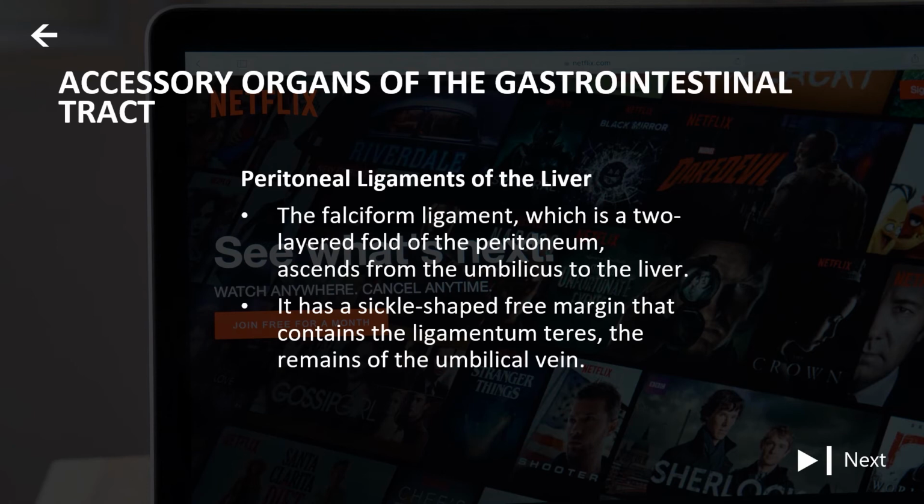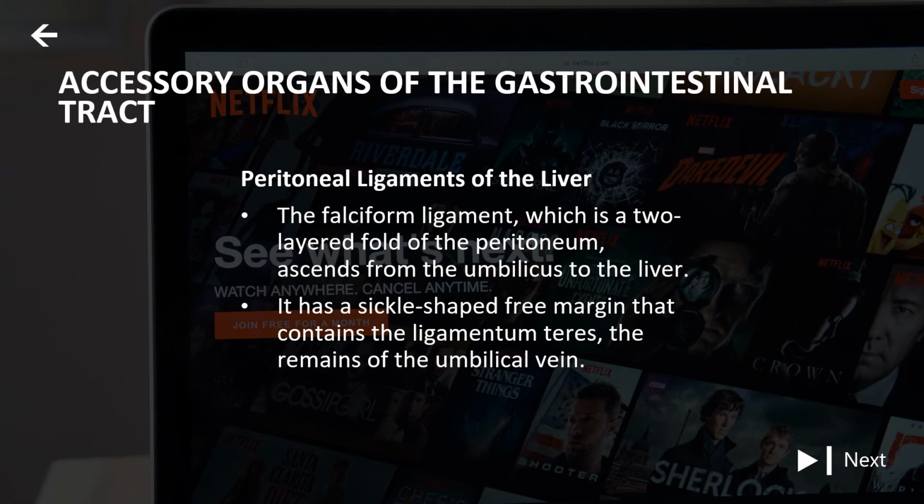two layers. The ligamentum teres passes into a fissure on the visceral surface of the liver, and it joins the left branch of the portal vein into the porta hepatis. The ligamentum venosum, a fibrous band that is the remains of the ductus venosus.